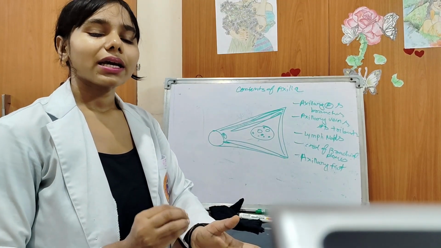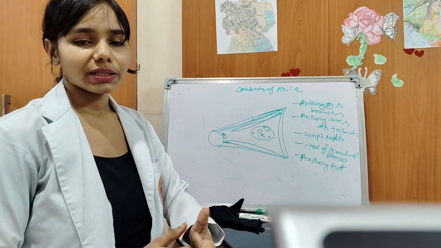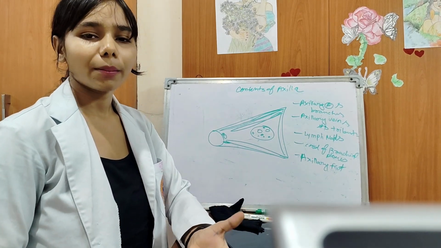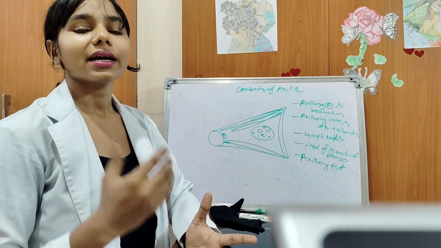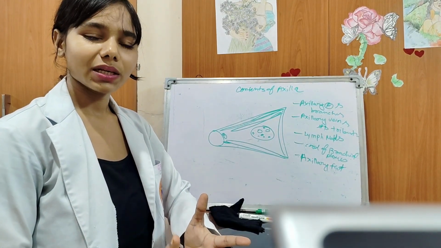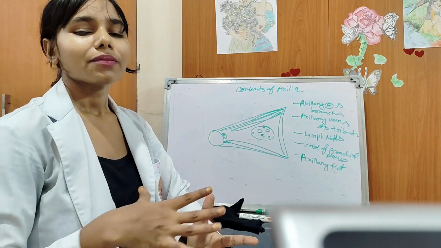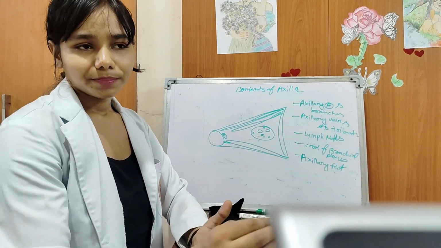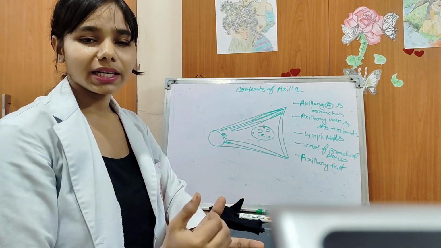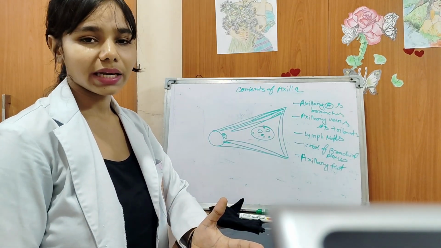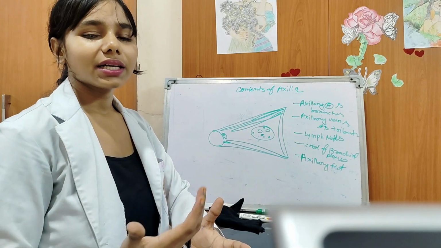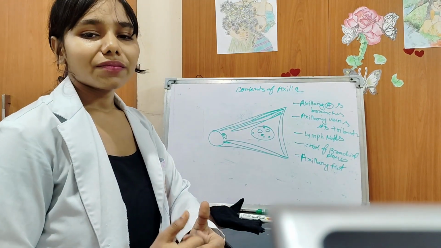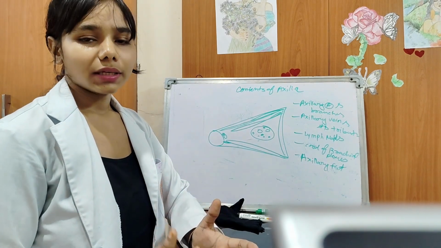And then we read about the walls of axilla. The anterior wall is formed by the pectoralis major muscle, clavipectoral fascia and pectoralis minor muscle. The posterior wall is formed by the subscapularis above, teres major and latissimus dorsi muscle below. The medial wall is formed by the upper ribs and upper part of serratus anterior muscle.